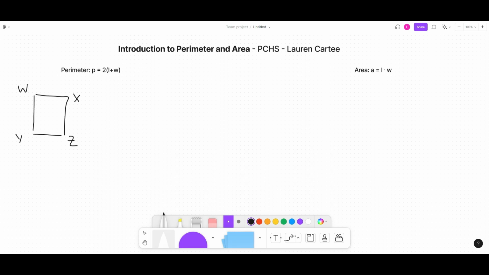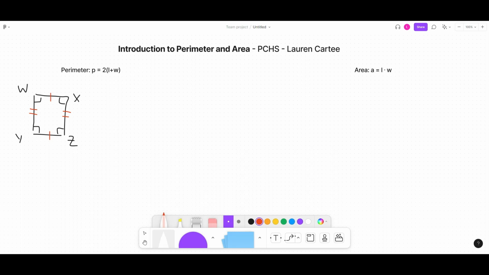As you already know, rectangular canvases, or just rectangles in general, have 4 right angles and parallel sides. This side and this side are parallel to each other and congruent, and this side and this side are also parallel to each other and congruent.